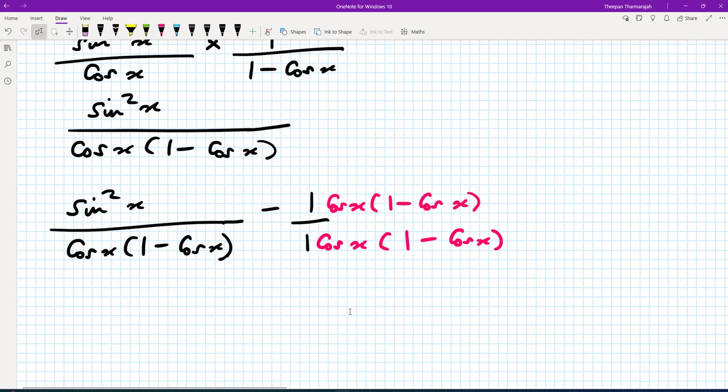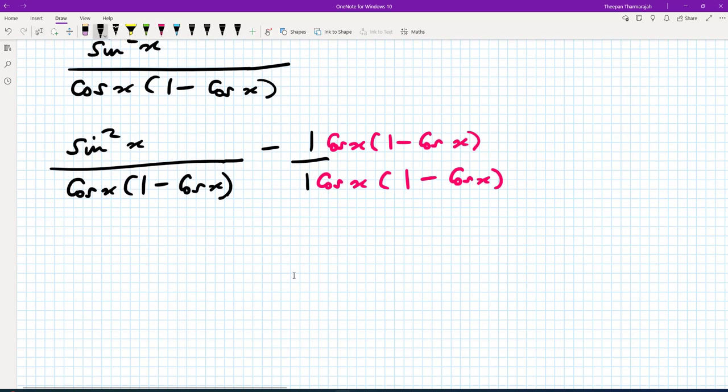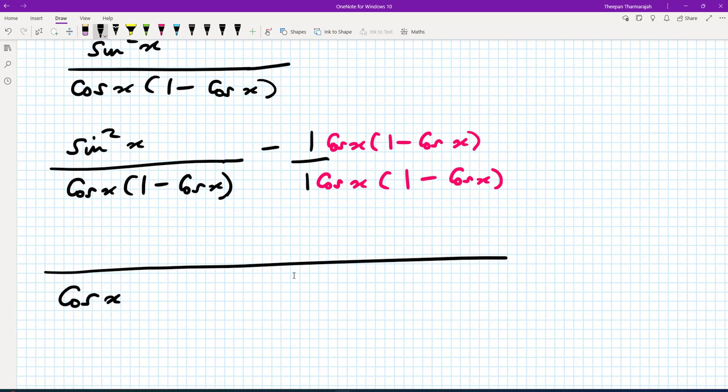So what happens now? We get the same denominator. So we're going to get cos x times 1 minus cos x on the denominator. Then on the numerator, we need to be careful. We get sine squared x minus 1 times cos x, which is minus cos x, right?